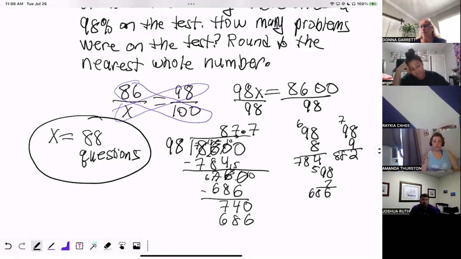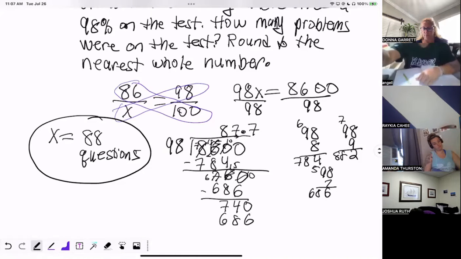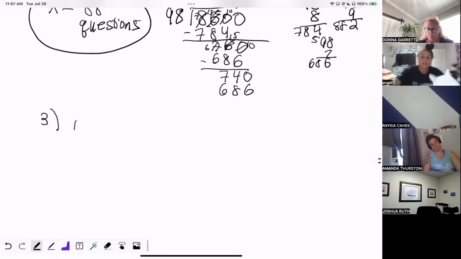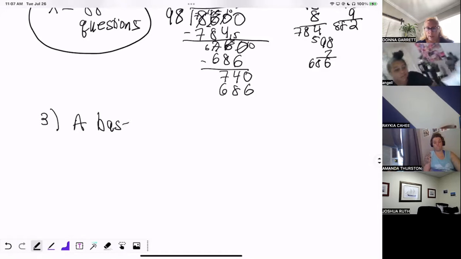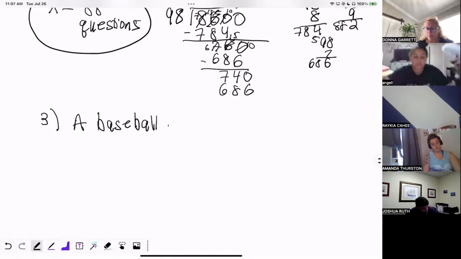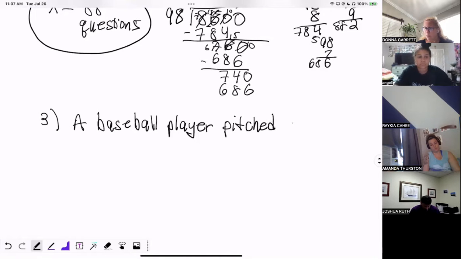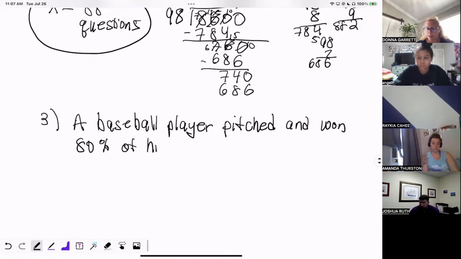Any question on that one? Next one I'm going to give to you guys to set up and answer. See how you do. It's a small one, not big numbers. Number 3. A baseball player pitched and won 80% of his games.